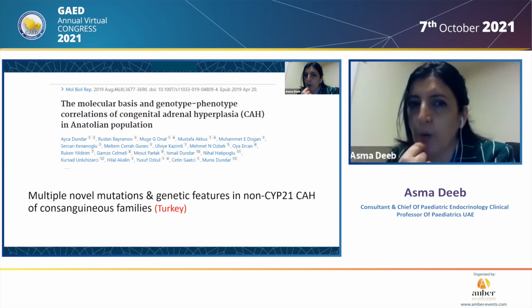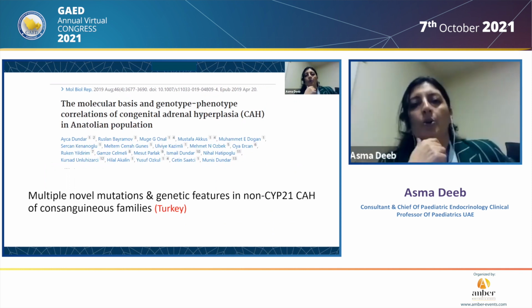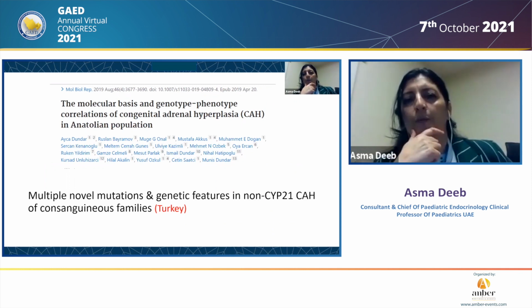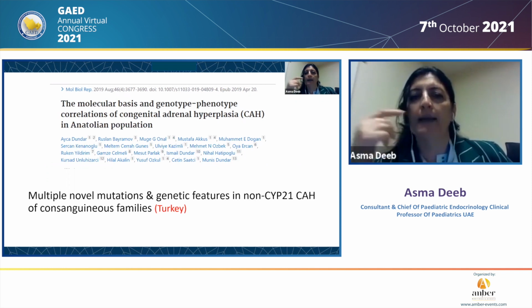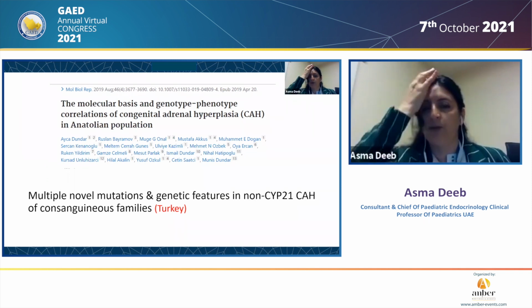Just to finish up, these non-CYP21 conditions are really a group of fascinating diseases. This is a study from Turkey where they looked at, again, genotype-phenotype correlation and other types of genetic conditions besides CYP21.